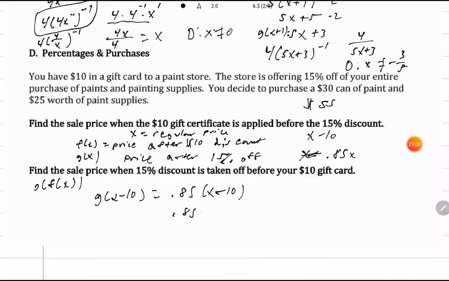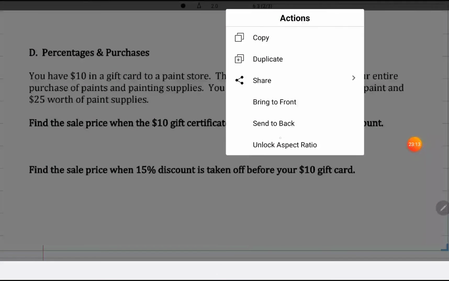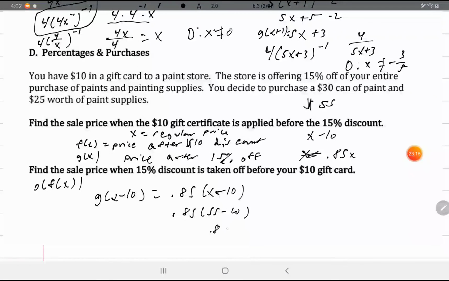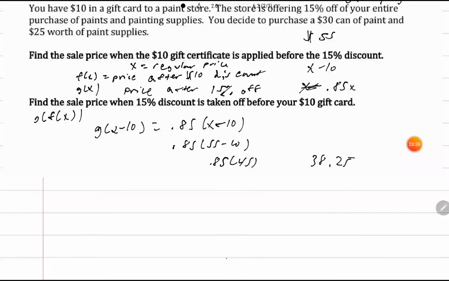So 0.85 times 55 minus 10, which is 0.85 times 45 bucks, which is $38.25. Okay. Now, I know I didn't do this one, but this is the answer to number 1. Okay. Number 2.